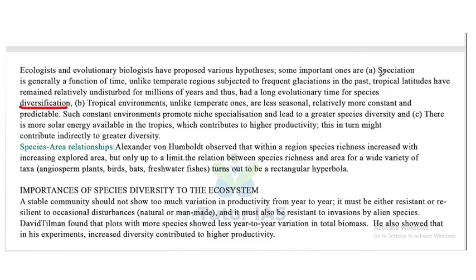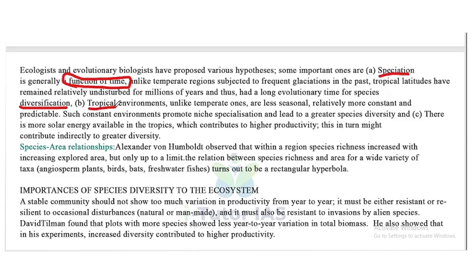So the first point is that speciation, the development of various species, is a function of time. It requires time, and the temperate regions were subjected to more frequent glaciations in the past, while the tropical regions have almost remained undisturbed for many years. So this gave them a longer time period to evolve and for the species to develop.